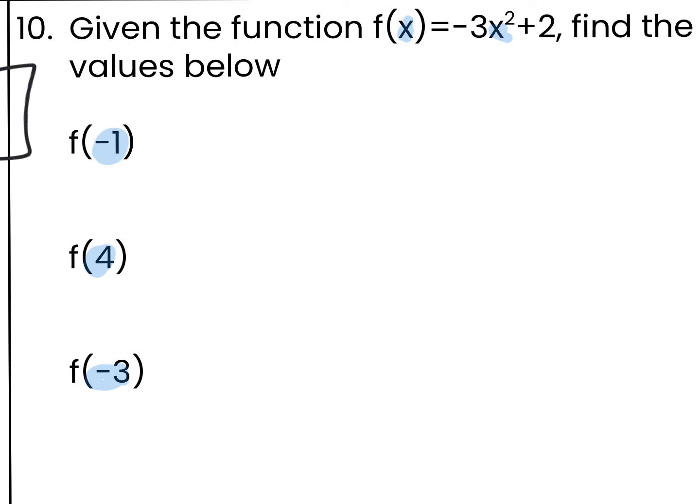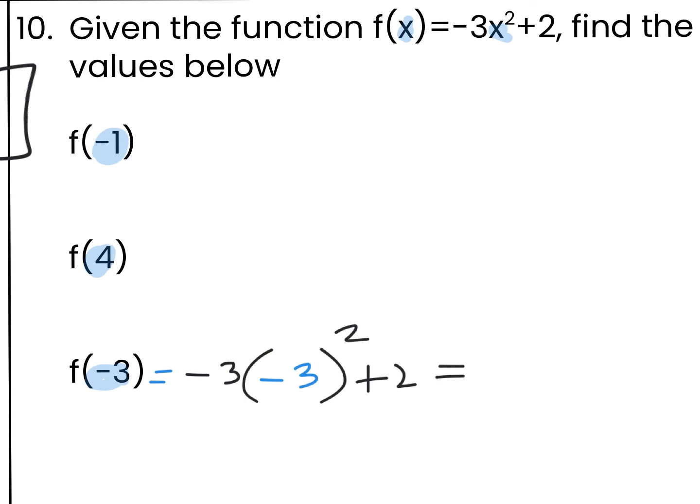Okay? So what is this rule telling me to do? It's telling me to take -3 times the square of -3 plus 2.